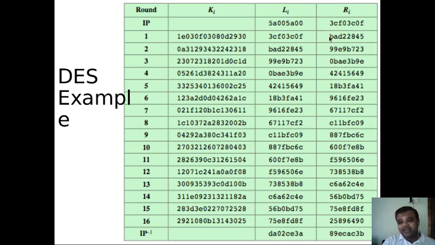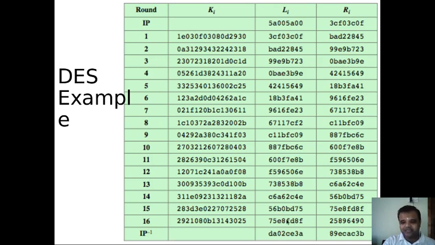Now the right half of the first round, BAD22845, goes in as the left half of the second round, and the same operation repeats, some operation over here, some operation over here, all the way down till 16 rounds.